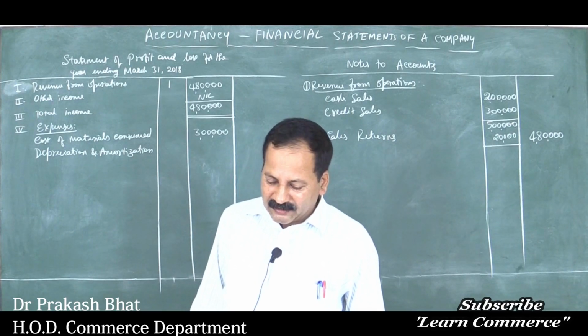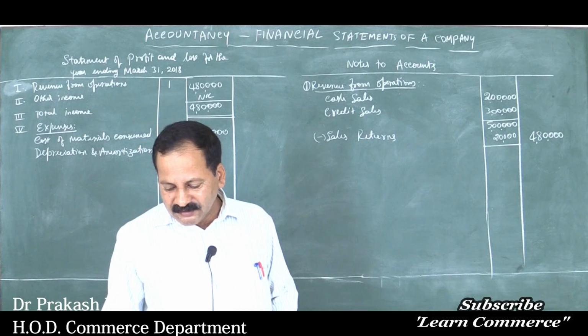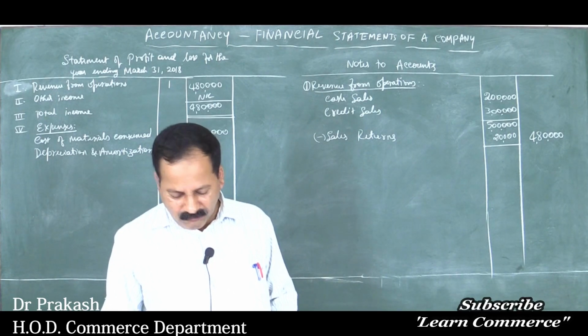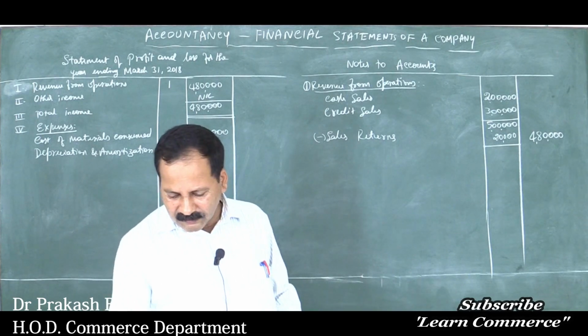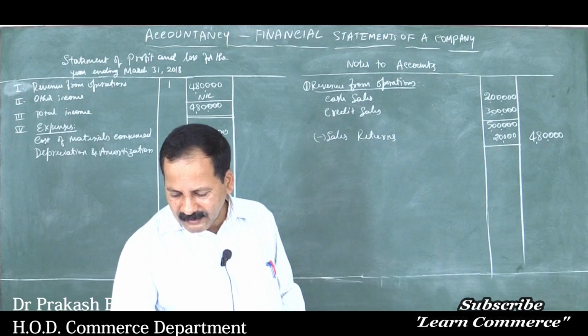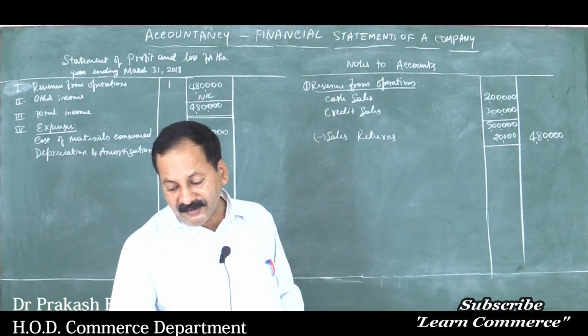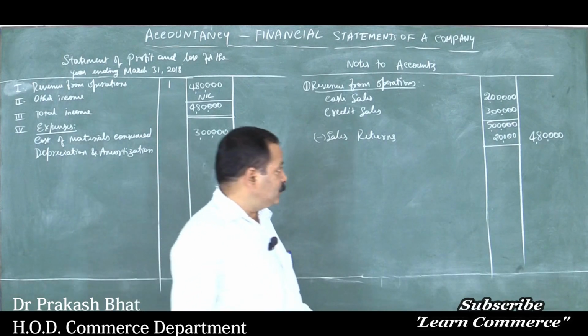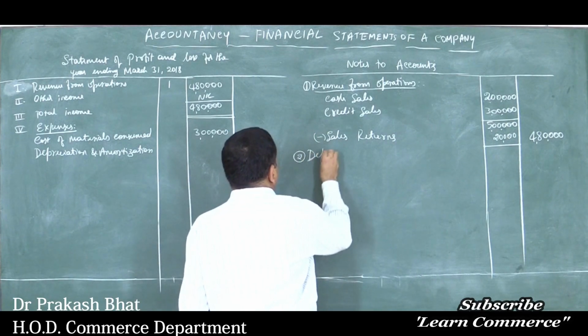So we have to do calculations here. Machinery and building separate figures are given. So 30 and 20, 50,000 we have to charge. Is it correct? Buildings value 2 lakh and this is 1,50,000. I'm sorry, 20,000 and 15,000 is the amount. So let us prepare here depreciation and amortization.